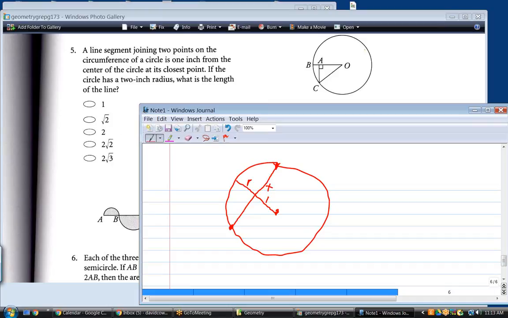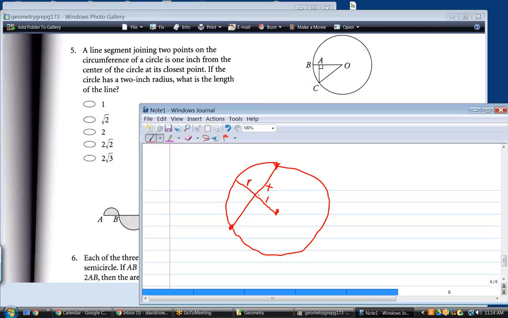To solve for x, there's a theorem at play here. And the theorem is that if you take any chord, these are called chords of the circle, and you run a radius, the radius always makes a right angle like that.